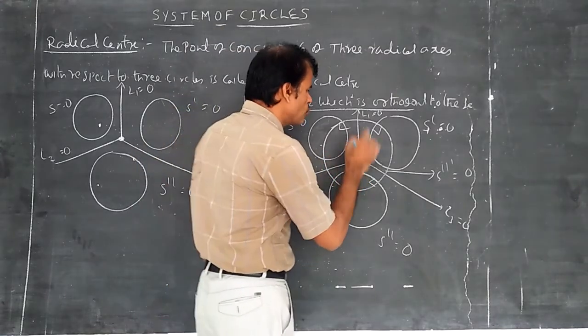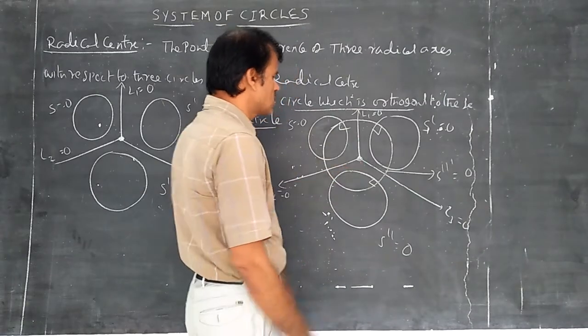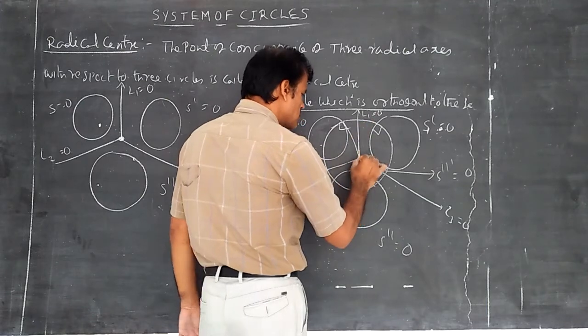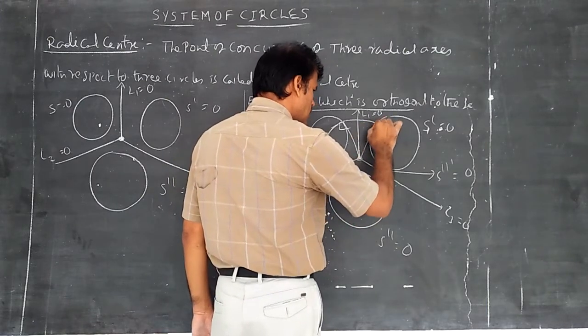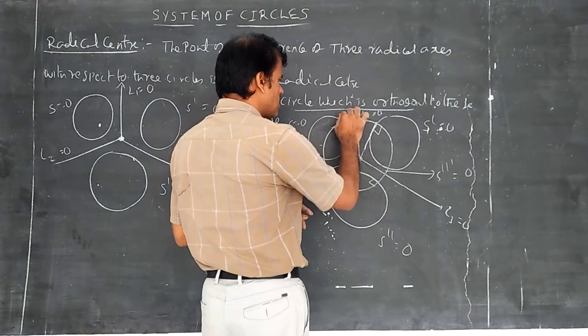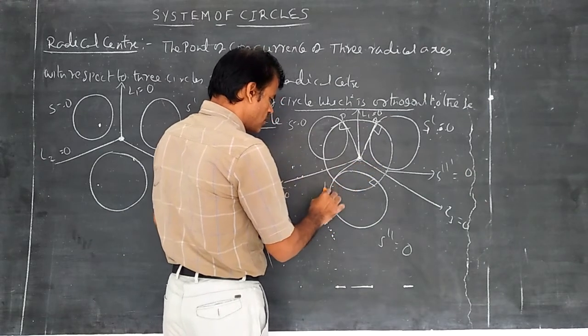Try to understand here. We know that the distance from the center to any point on the circle is called the radius. Draw like this. I am discussing not this one, student, but this one. For this one, put here P, put here Q, put here R. What is happening?